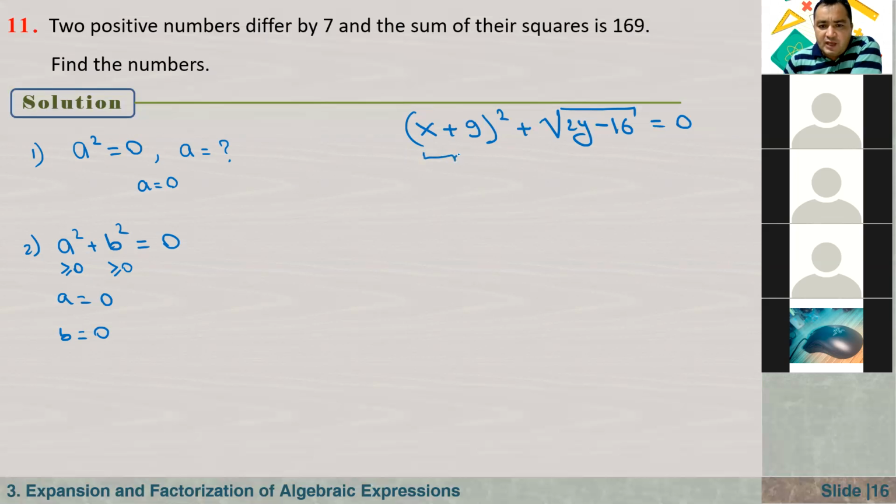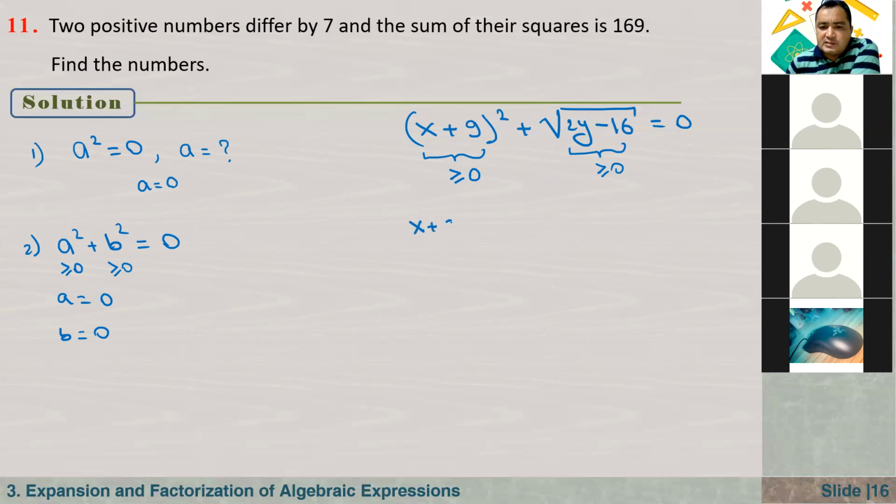Now here, we have something squared, which is always greater than or equal to 0. And the square root of something also should be greater than or equal to 0, because under the square root we cannot write a negative number. As you have just told me, if we are given two non-negative numbers and their sum is equal to 0, then each one must be equal to 0. Otherwise, their sum is never equal to 0.